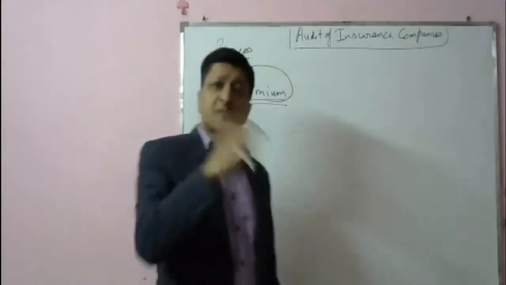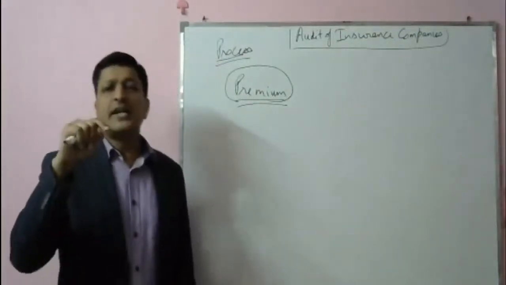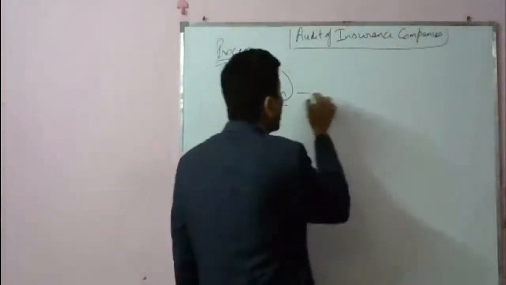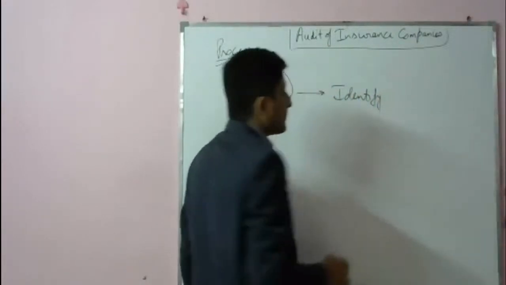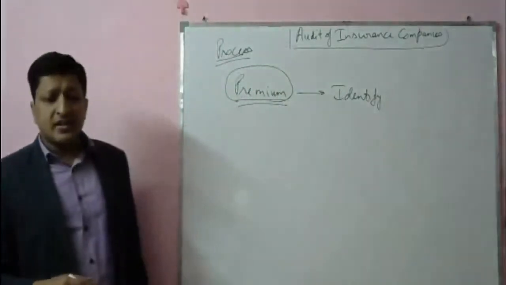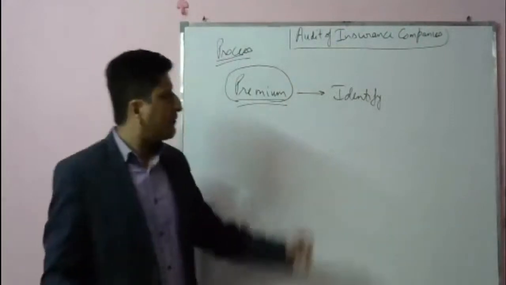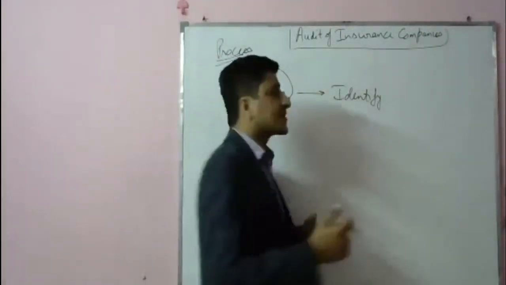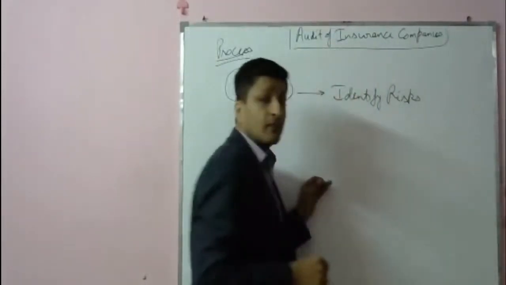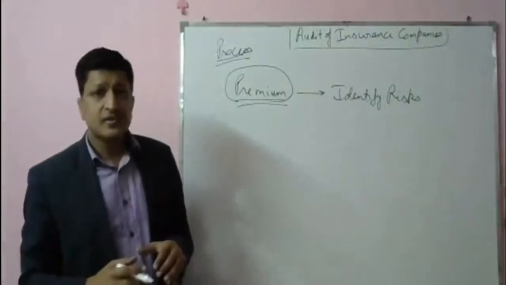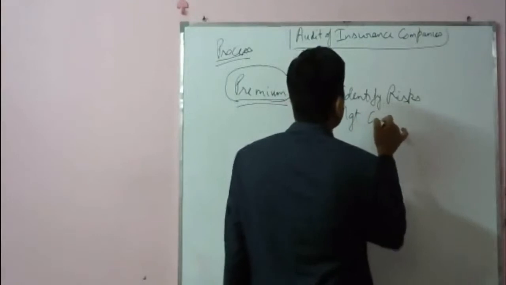So now for this premium, auditor will obtain its detailed understanding. Auditor will identify the risks. So when the auditor identifies the risk, that doesn't mean that auditor needs to do that on his own completely. Auditor will also understand what all risks have been identified by the management. In relation to all of these risks which would exist, what all management controls are in place.